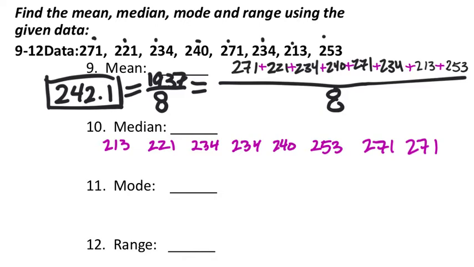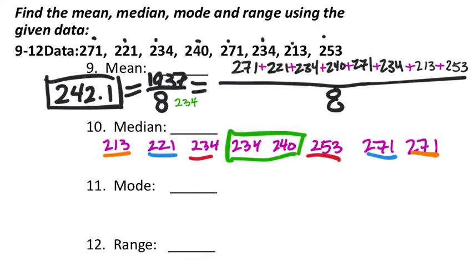Well, what number is right in the middle? Well, we got to look at these, and again, I just kind of go to the outsides and essentially cancel those out, moving my way inwards till I find the middle. 234, 240. So it looks like the middle would be these two numbers. So to find the median then, I'm going to take those two numbers, 234 and 240.